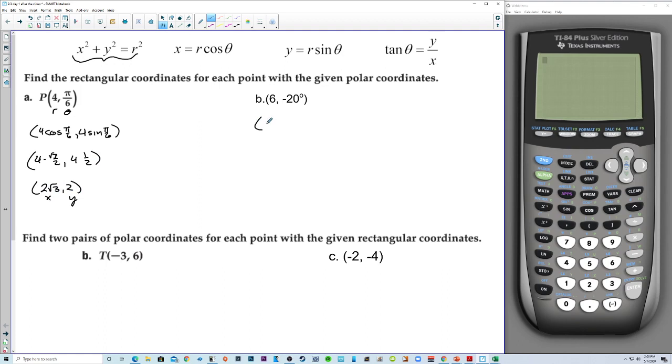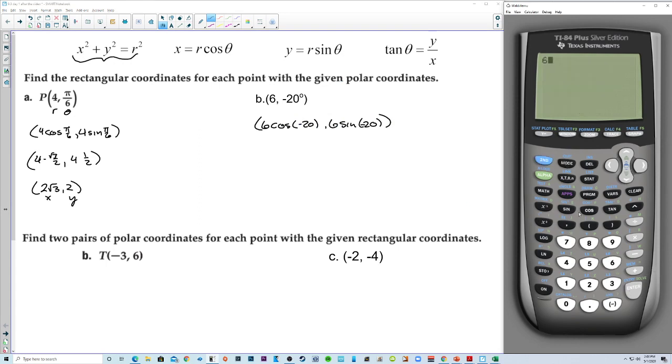Now, same thing here, but I just gave an example where we don't know anything about 20 degrees. So we have 6 cosine, 6 sine of negative 20, and then we're going to just plug these into the calculator. Now I'm going to make sure that the mode is in degrees for this one.